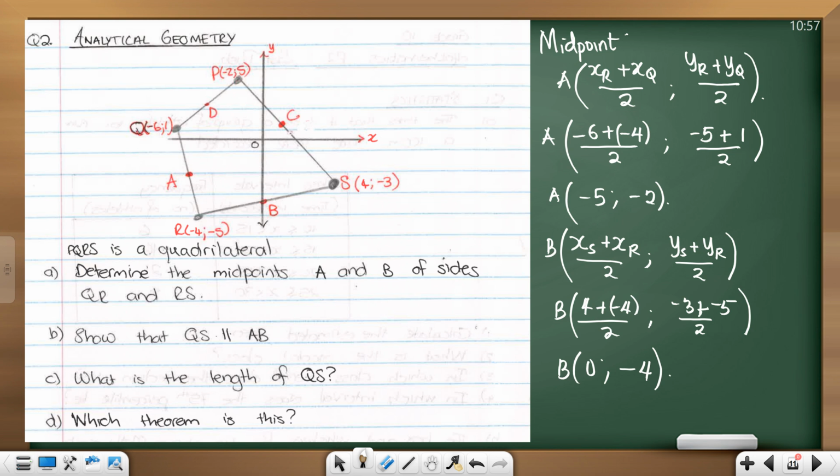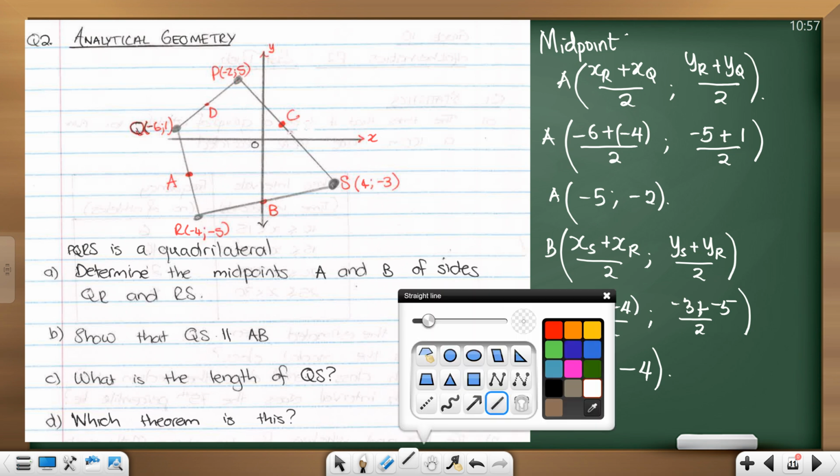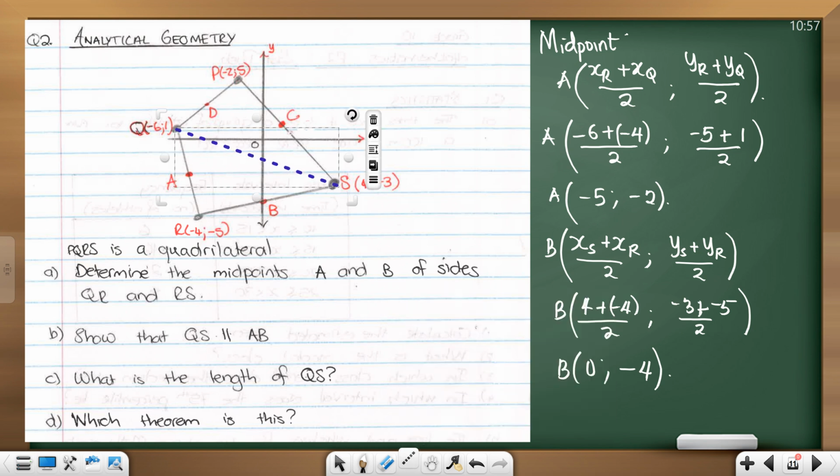When they say two lines are parallel, what do we know? They're not equal. Same what? Good. They have the same gradient. Show that QS, let me use dotted lines, QS is parallel to AB.